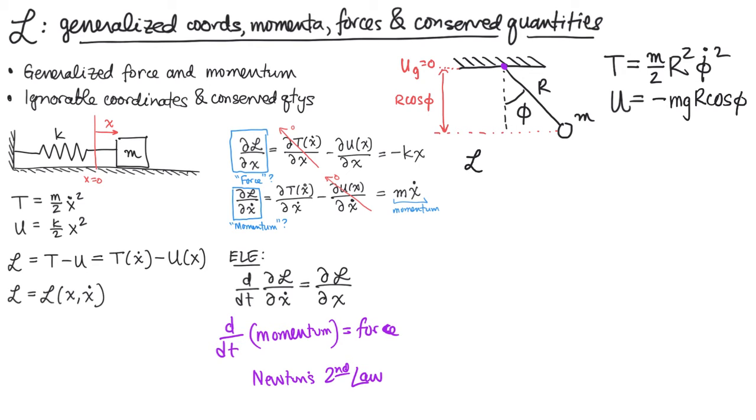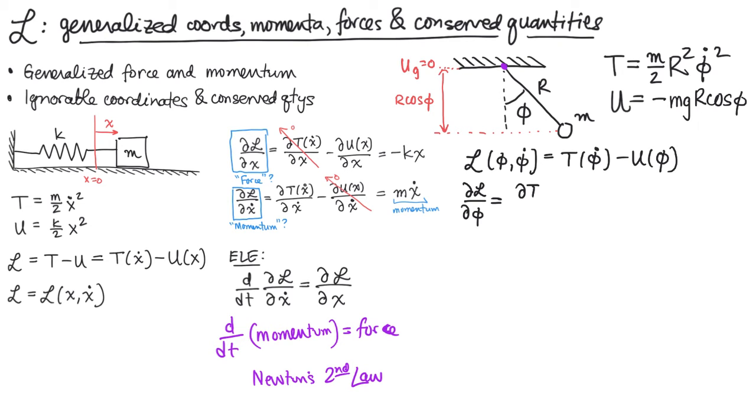Okay, our Lagrangian will depend on both phi and phi dot, because T depends on phi dot and U depends on phi. Okay, so let's take some partials, right? Partial of L with respect to phi.